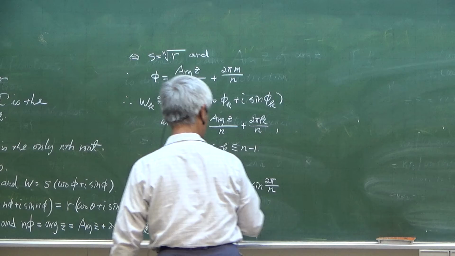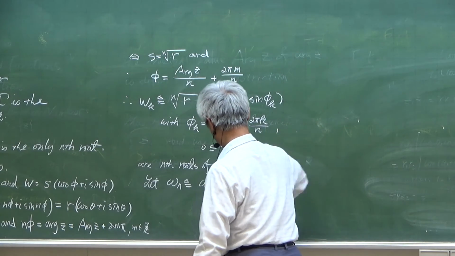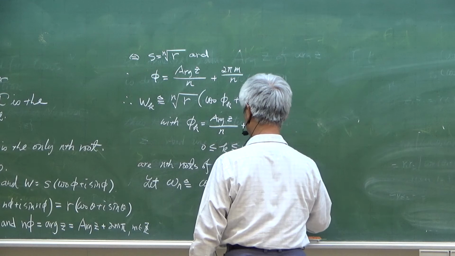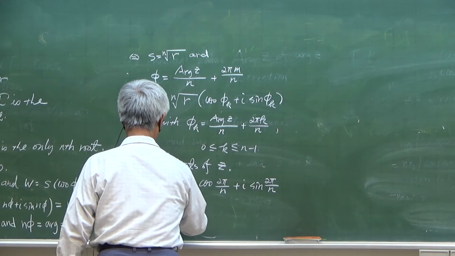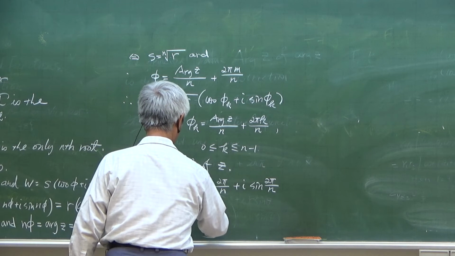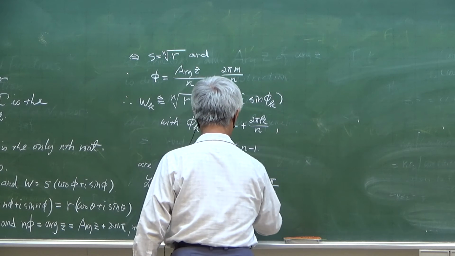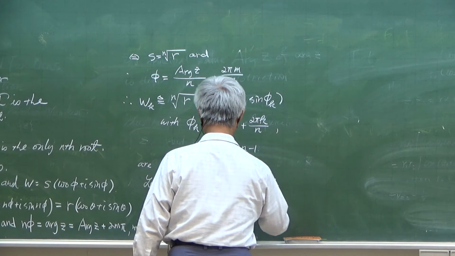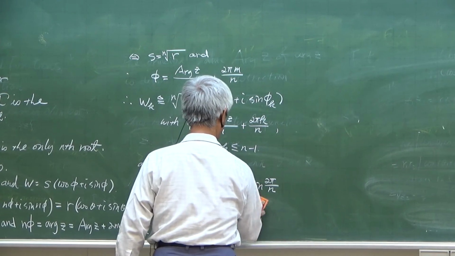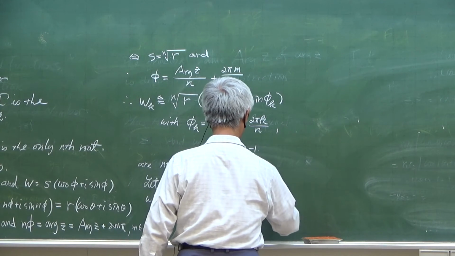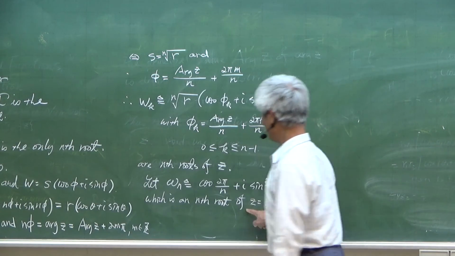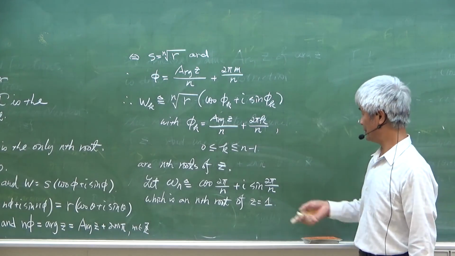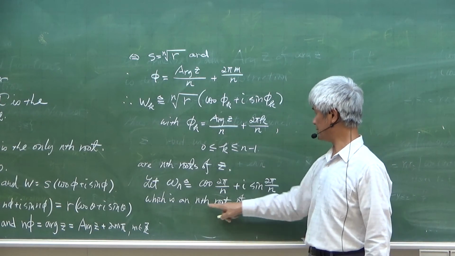Omega n is an nth root of 1. So this is z equal to 1. If the complex number is 1, it's a real number, but when we want to find the complex nth roots, this is one of the nth roots.